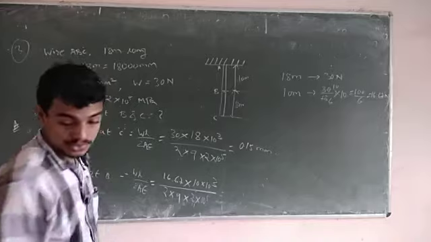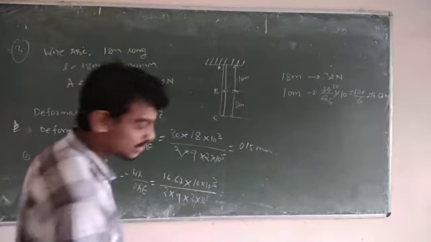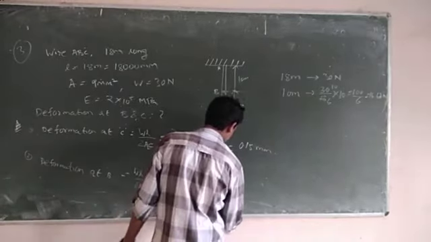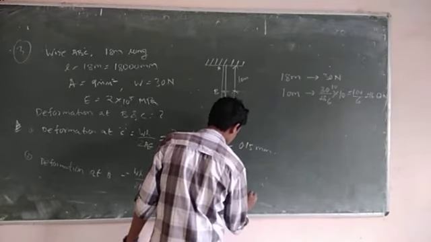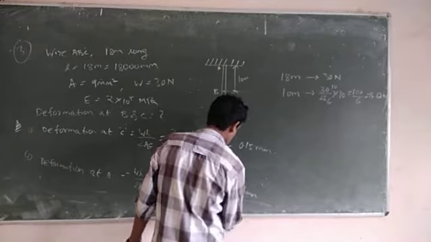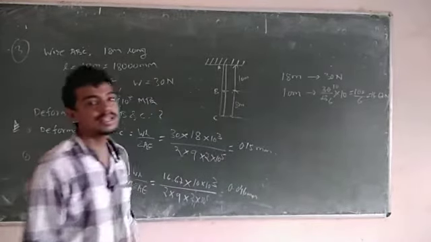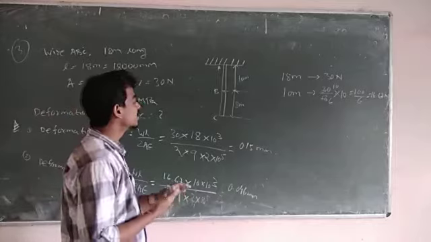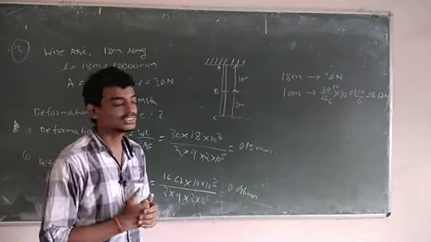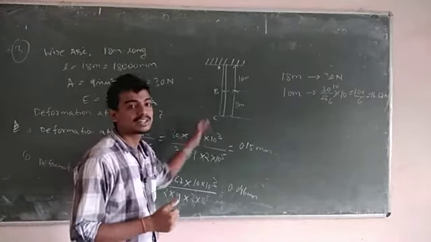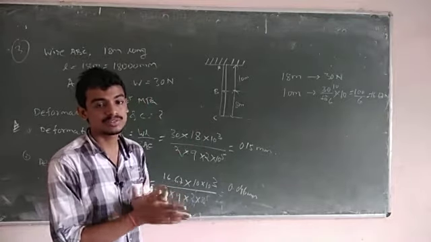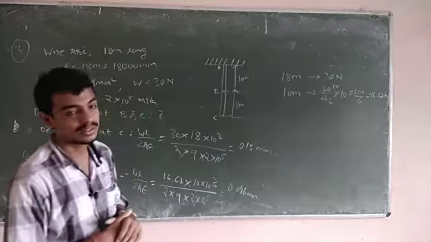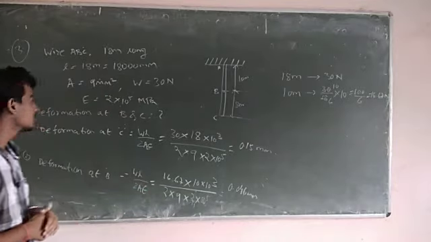So this value is coming around 0.046 mm. Clear? Only the length will change and the weight of the material will change. At C point you can take the total weight, but at B point you should take the partial weight, whatever value comes at B point. Clear? This is about our third problem.